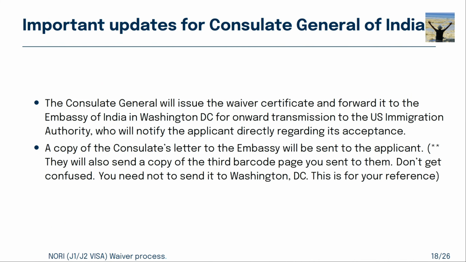Then what will happen? The Consulate General will issue the waiver certificate and they will forward it to the Embassy of India in Washington. Right. So here this is tricky. Since you have already parallelly initiated stage 3, I'm talking about the Indian consulate, the regional office will issue the waiver certificate and forward it to the head embassy of India in Washington, right?